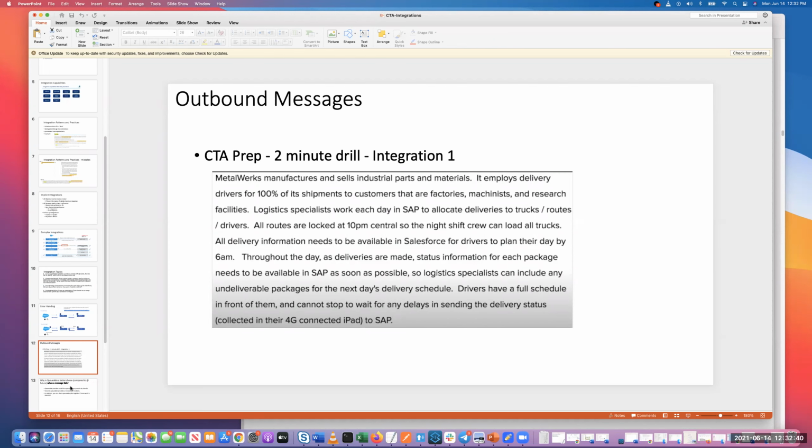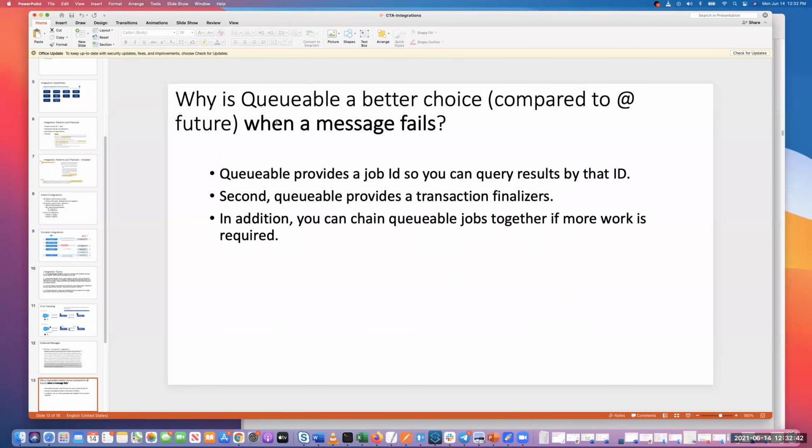He also talks about when you're doing integration, especially asynchronous, why to use Queueable, especially for error handling. I talked to somebody in Salesforce who was very knowledgeable, and I talked to Chris as well.